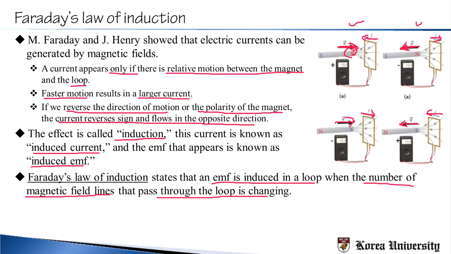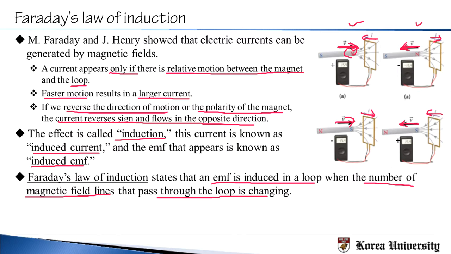Why did he say EMF is induced instead of saying the current is induced? It may sound similar, but there is a small difference. The current requires a wire, so that the charges can flow.